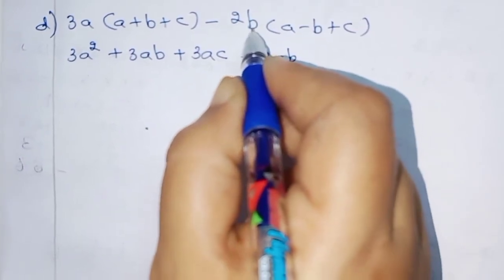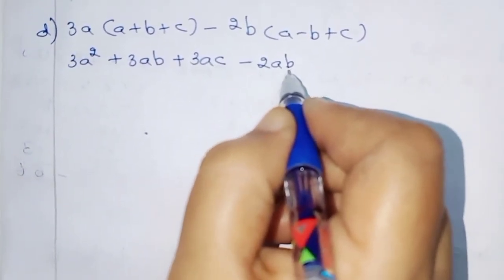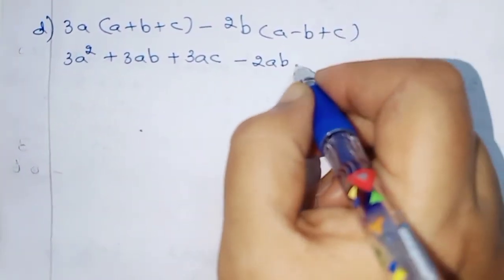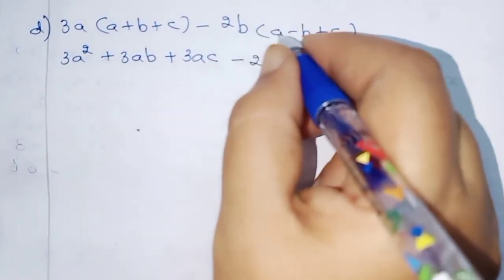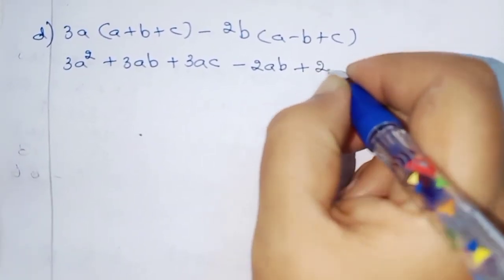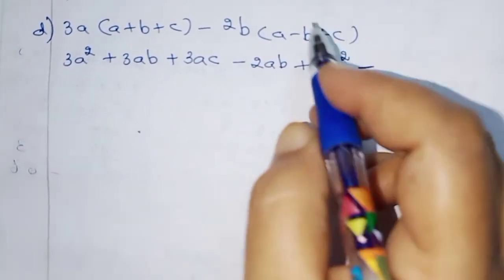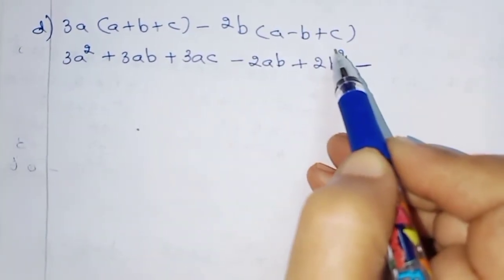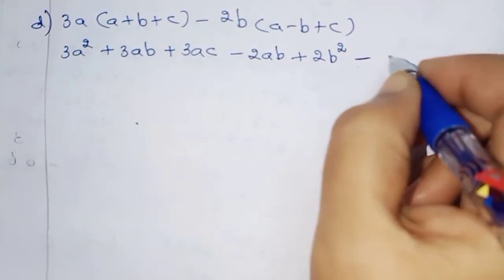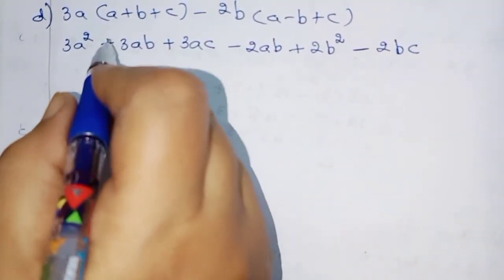Both are same, so I wrote here ab. Minus into minus is plus, 2b into b is 2b square. Minus into plus is minus, 2b into c is 2bc.